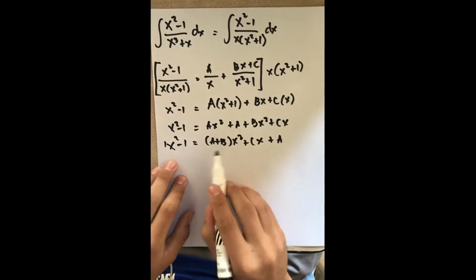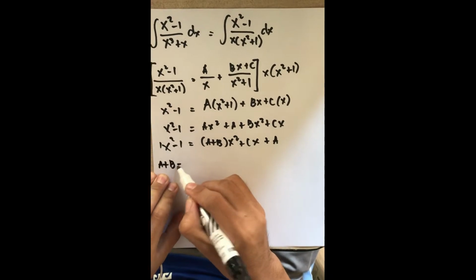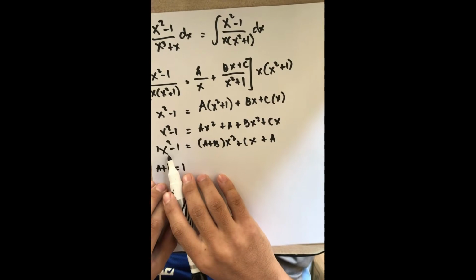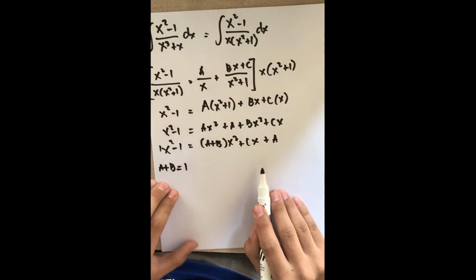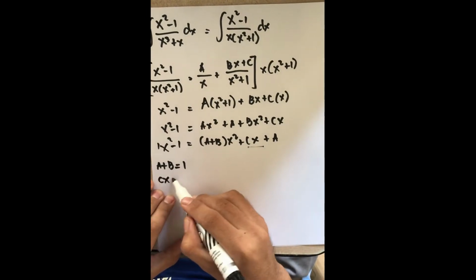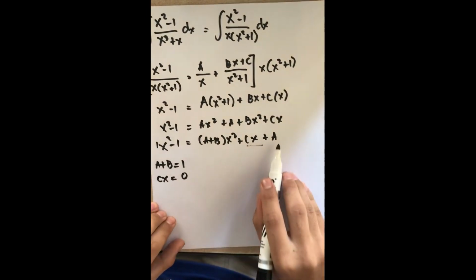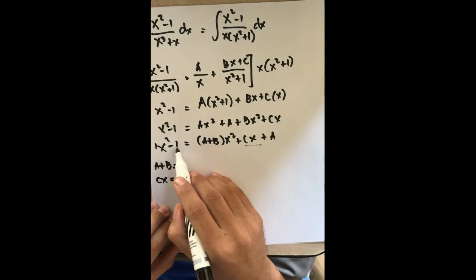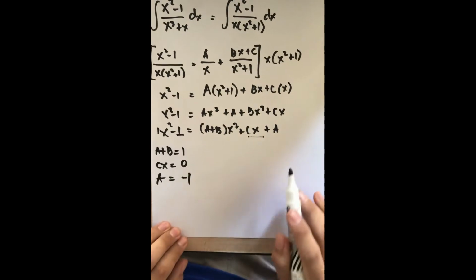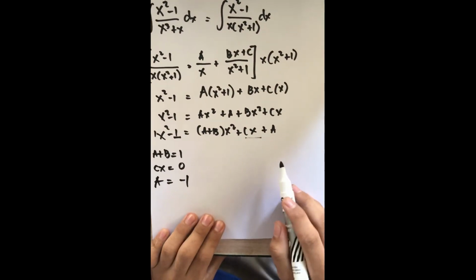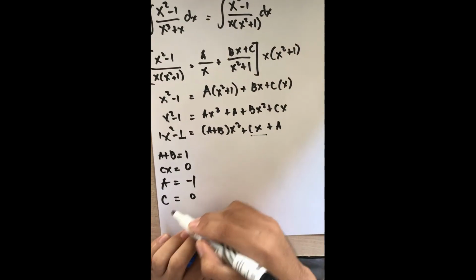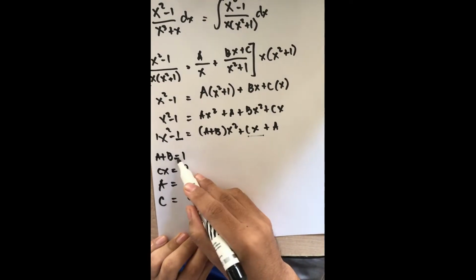As we can see, on the left side of the equation the coefficient of x squared is 1, so we can determine that a plus b is equal to 1. On the left side there is no x to the first degree, so we can assume that cx is equal to 0, and a is negative 1.